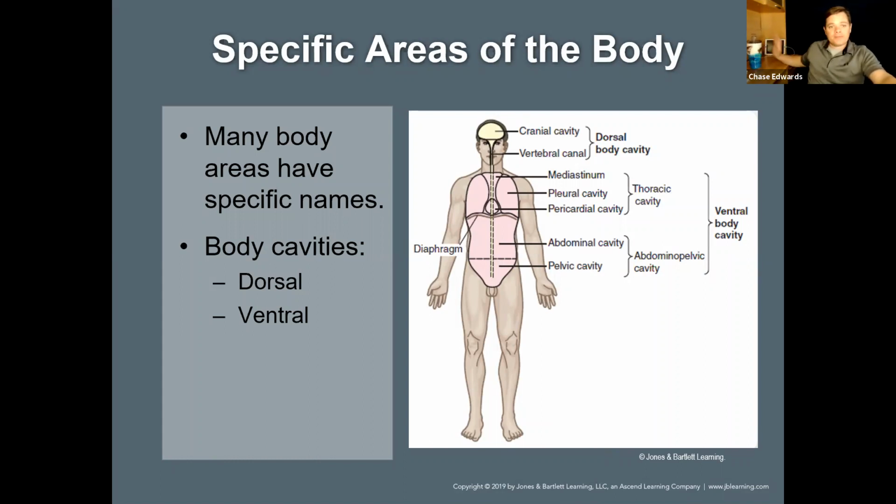All right, so moving on. Specific areas of the body. Many body areas go by specific names. AMTs rely on anatomic planes, body surfaces, and imaginary lines to describe the location of the injury. Example would be sternocleidomastoid muscle.